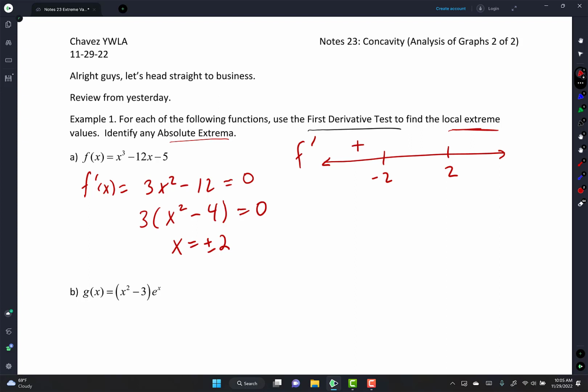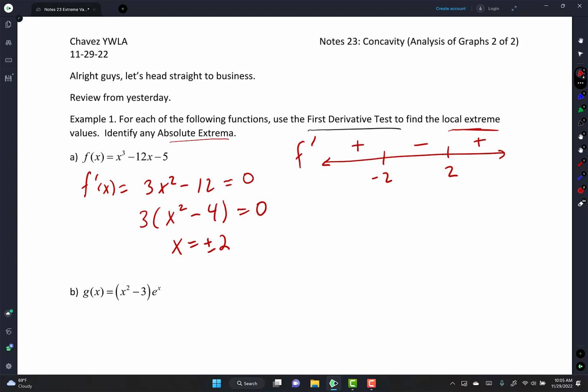Negative times a positive is a negative. And a number bigger than 2, like 3 or 10. 10 squared, 100 minus 4, again 96, so positive. Are we okay? If you plug in a 3, 3 squared is 9, 9 minus 4 is positive. Positive times a positive is positive.